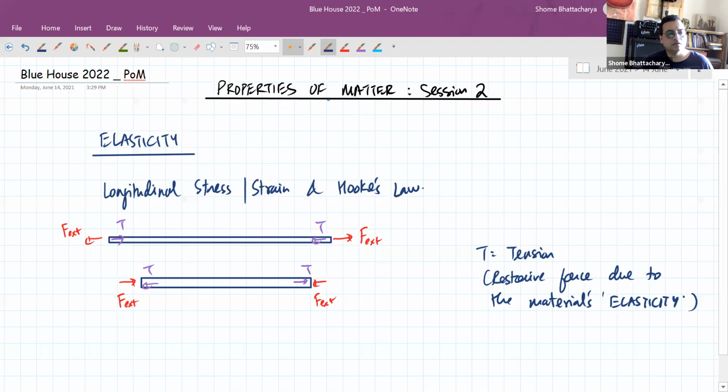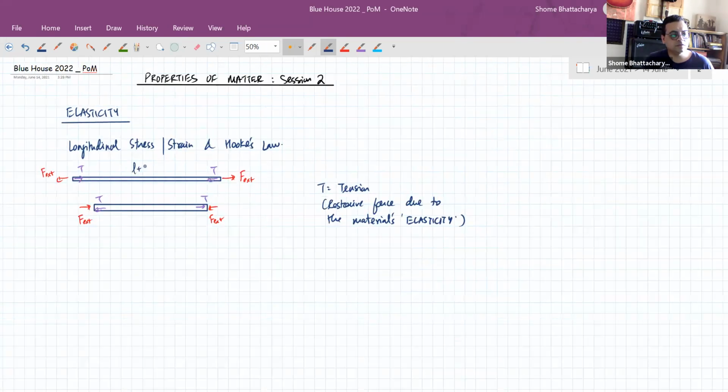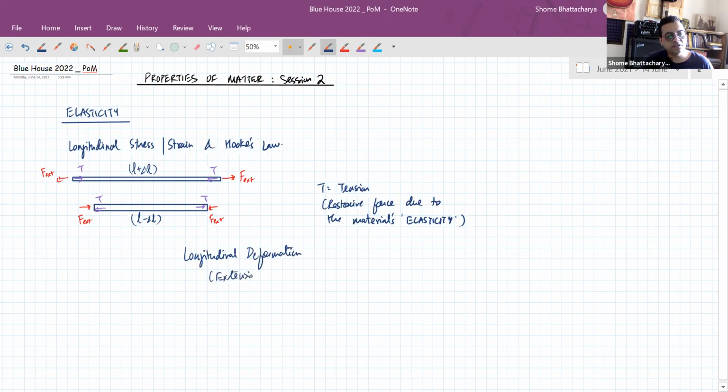And we say that in this particular situation, here if the body has been extended or here if the body has been compressed, so for longitudinal deformity, that is extension or compression, we define the longitudinal strain as the fractional change in length.